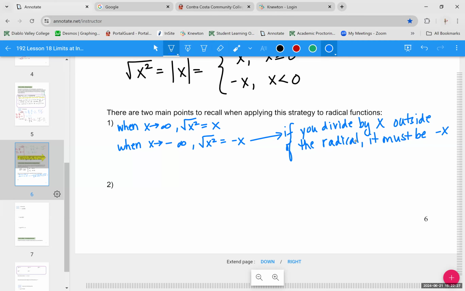And we're going to show you in an example in just a second. And then the other thing that's important to realize is the powers. The power under the radical is double the power outside the radical if you're keeping things equal.